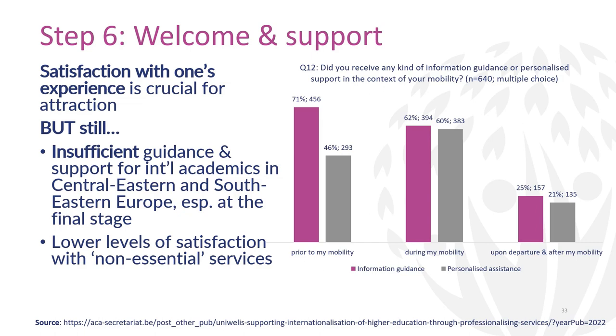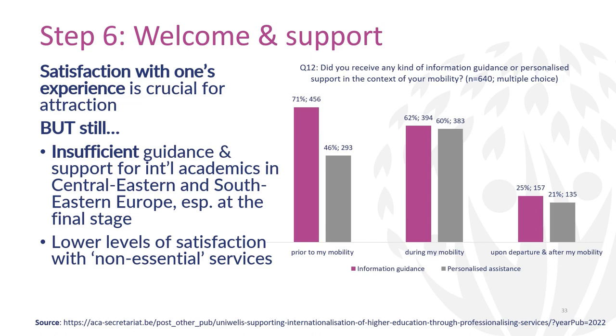This is largely due to the fact that information about recruitment opportunities is still largely spread by word of mouth, as explained earlier in this training course. However, despite the importance of high-quality support, personal information, guidance and practical assistance for international academics in Central, Eastern and Southeastern Europe still remains insufficient, particularly at the final stage of mobility.